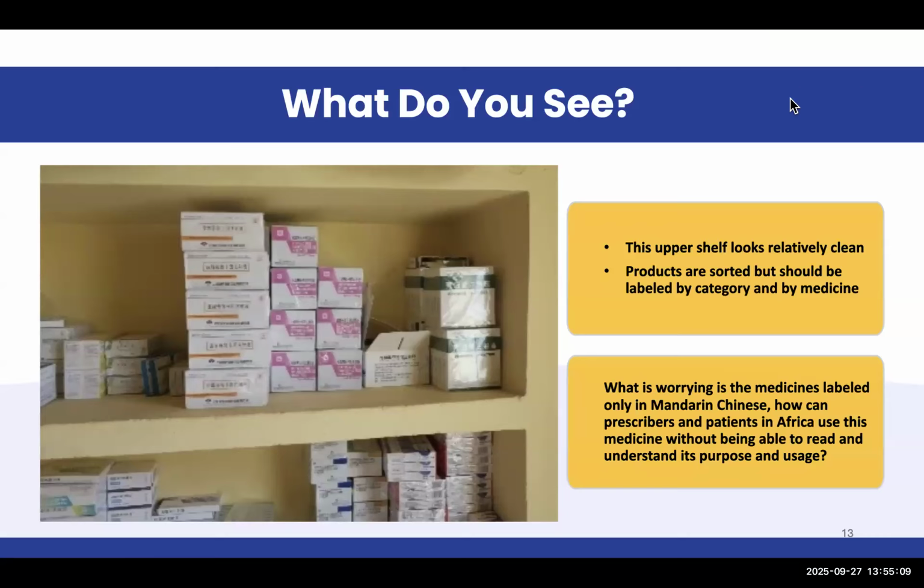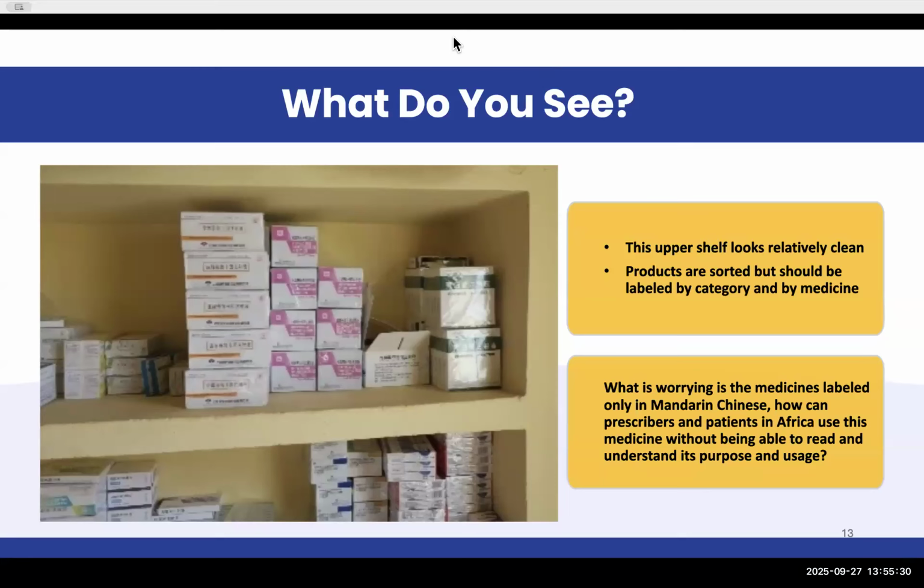Yes, thank you so much. This is James from South Sudan. The example you have shown is a common supply chain problem across South Sudan. Apart from the sorting and labeling, there is also a problem of the language of the medicine itself.